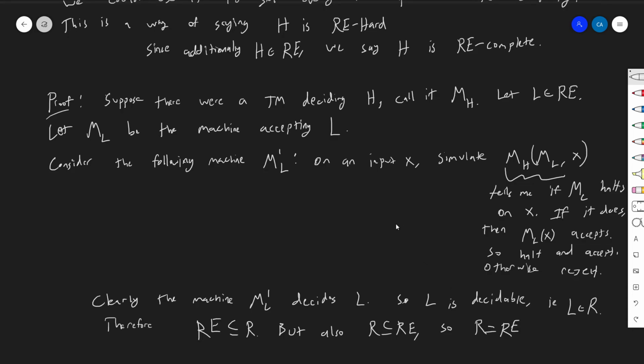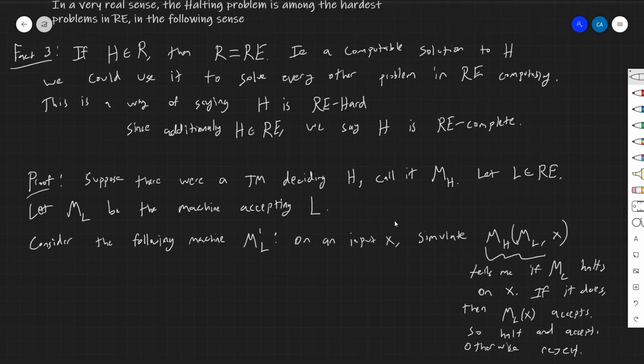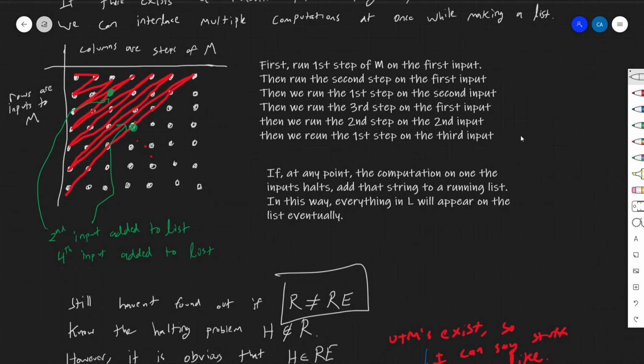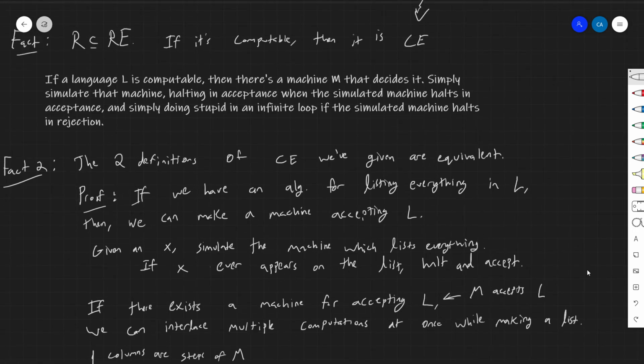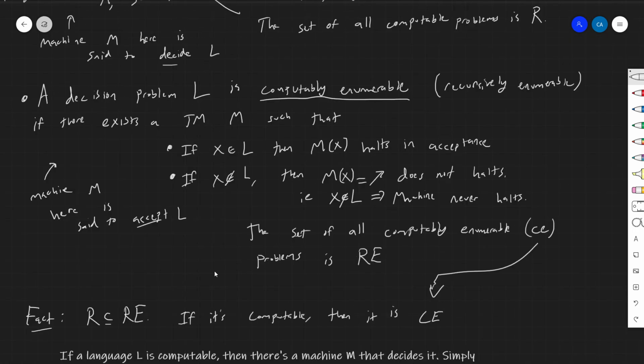So what have we really done here? It's a super simple proof, but what did we really just say? We basically said that if you have a solution to the halting problem, and if you have a machine that accepts a language, then you could just short circuit that shortcoming. The whole reason that accepting is weaker than deciding is because we don't know if something's going to halt or not.